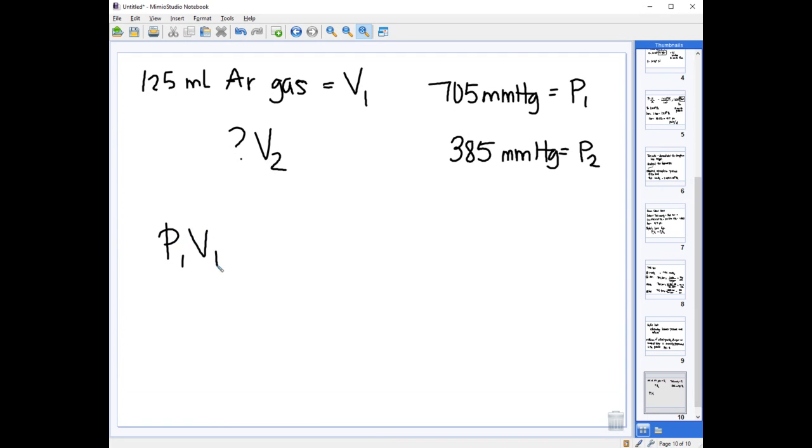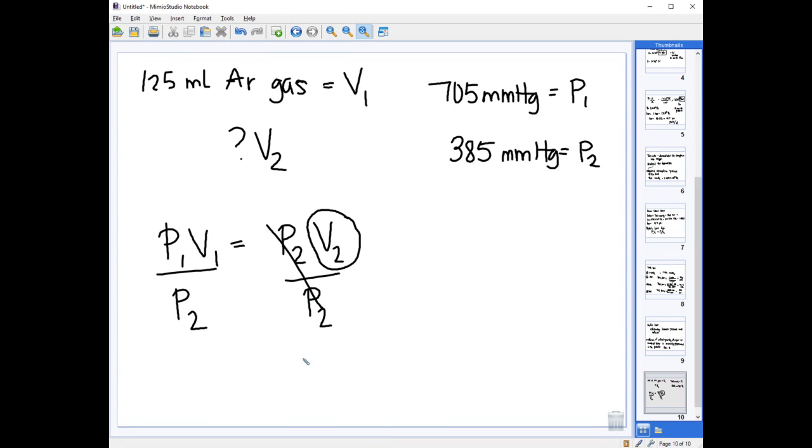So our equation is P1V1 equals P2V2. I am looking for V2, so I'm going to get it isolated by itself. I'm going to divide both sides by P2 so that I have my equation V2 equals P1V1 divided by P2. Now I'm going to plug these in.